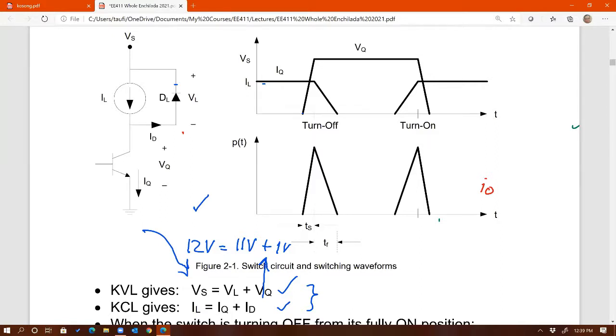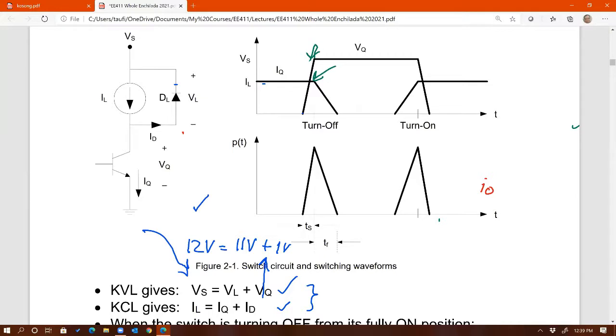So just by inspection, number one, we have a problem because the two overlap. IQ and VQ, they overlap. Anytime voltage across the switch and current through the switch overlap, that means we have switching loss. That's number one. Number two, was it Nick who said that earlier? Yes, thank you, Nick. The other problem is that this particular transition causes both peak current and peak voltage to coincide.